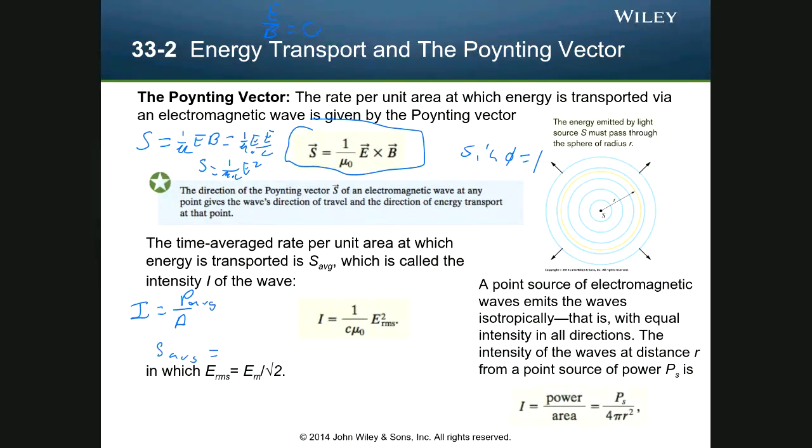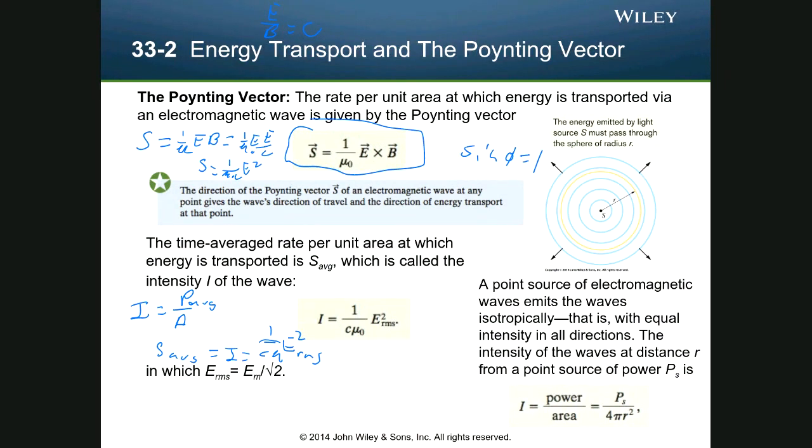And so we can look at S average is equal to I, and that's going to be equal to 1 over C mu naught E squared RMS. All right? And if you want to know where that RMS comes from, you'll want to go look back at AC circuits, and it'll explain where that happens. It's sort of a product of averaging that trigonometric sine function, and you'll notice that when you have the E part here, you square it, so you have a sine squared function, the average of which will be 1/2.